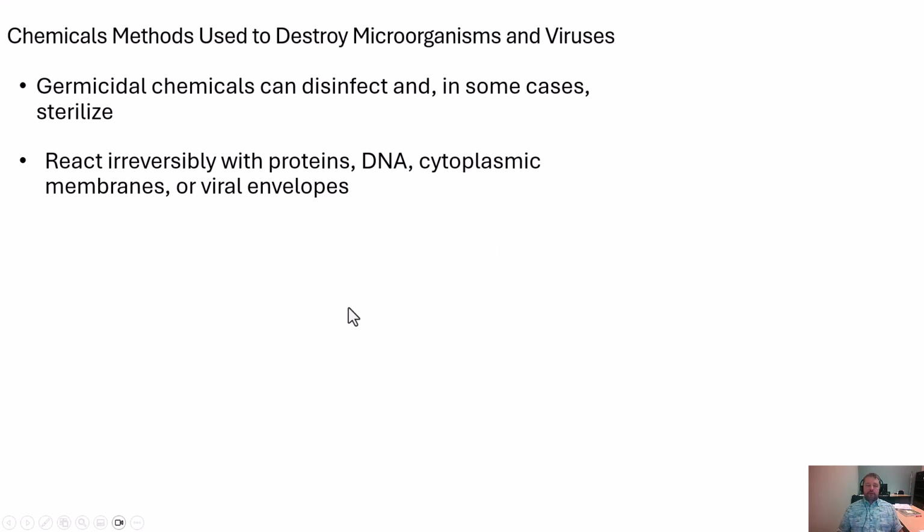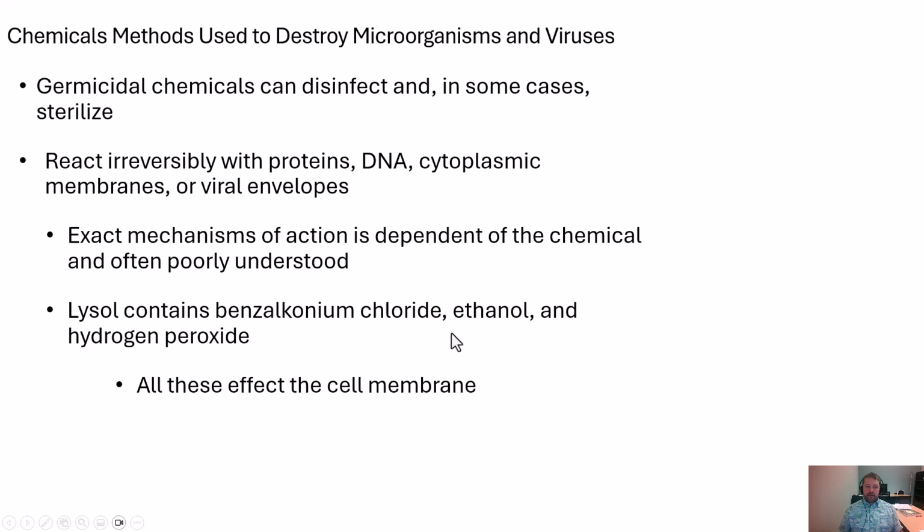So lots of ways. A typical product will have multiple ingredients that go about doing these things, and so we consider them cocktails of chemicals. Because of the cocktail of chemicals, sometimes we don't know the actual mechanism by which it's destroying that virus or that bacteria or that fungi. And so sometimes it's poorly understood.